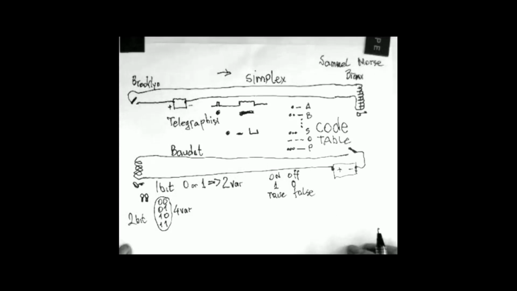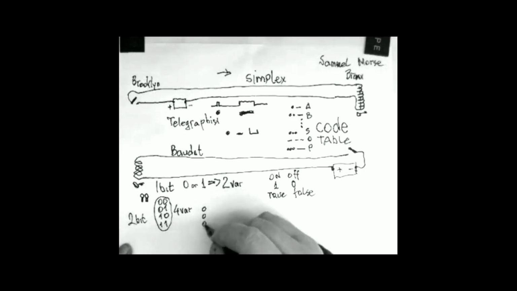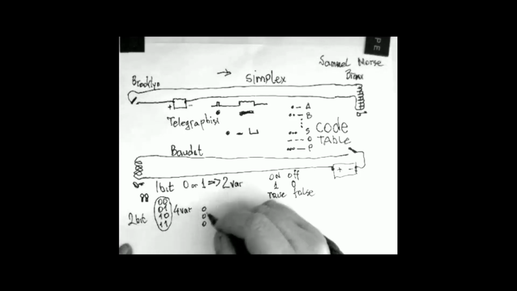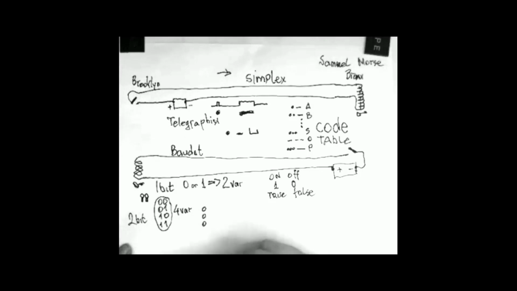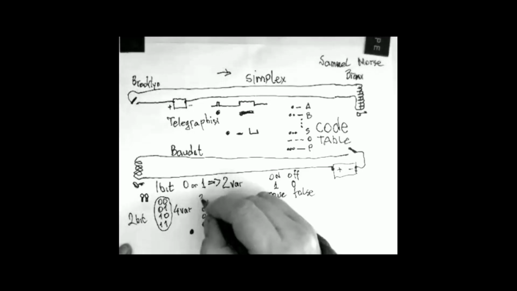Now my question is, how can we see the number of variations for 3 bit? Let's say I have 3 circles. When a circle is empty, I will say this is 0. When the circle is black, I will say this is on, or this is 1. So 3 bit.